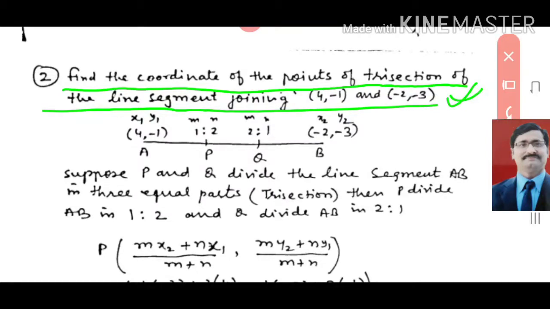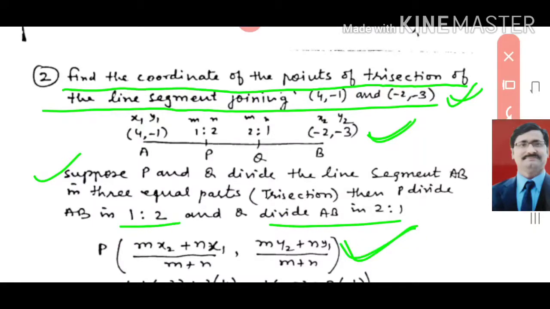A point is (4, -1), B point is (-2, -3), and P and Q divide this AB in trisection parts. So P divides AB in 1:2 and Q divides AB in 2:1. Suppose P and Q divide the line segment AB in 3 equal parts, trisection, then P divides AB in 1:2 and Q divides AB in 2:1.